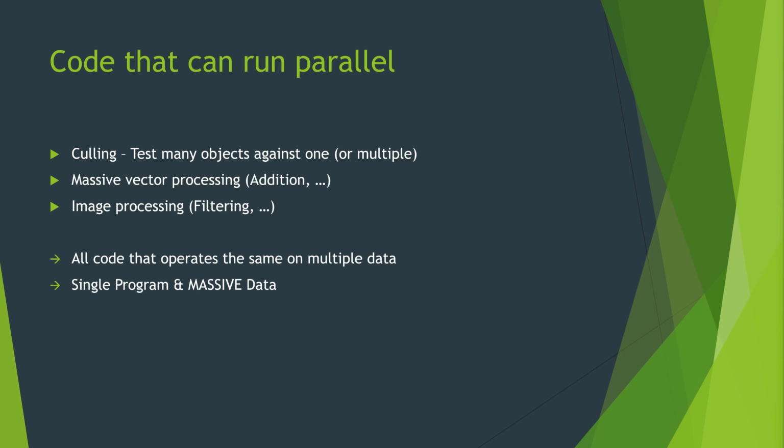So for example, code that can run parallel is, for example, culling. If we have a camera and we want to test if every object that is in the scene is in the view plane of the camera to later on speed up rendering, for example, then we could run a culling application that runs on the GPU.